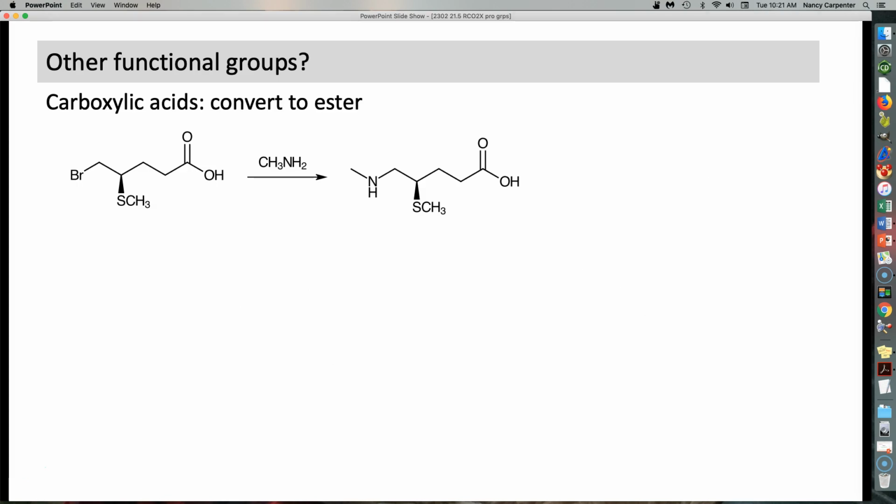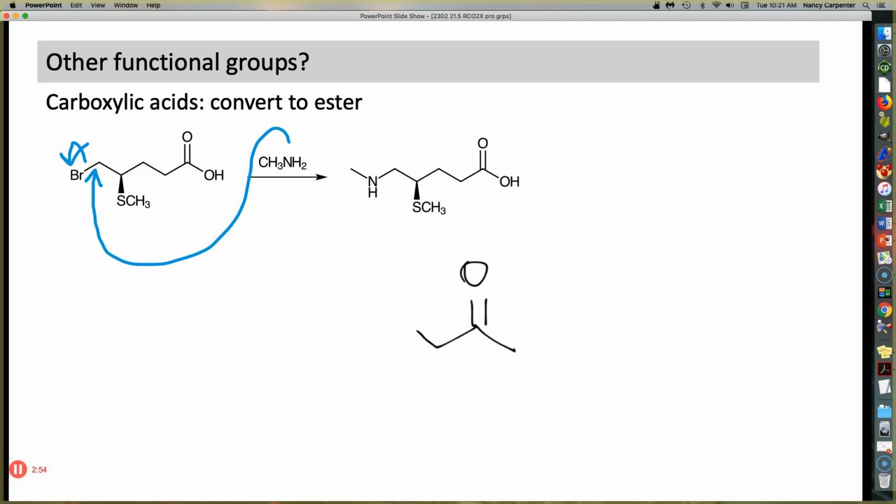So what about our new functional groups, carboxylic acids and their derivatives? Well, let's say we want to do this reaction. Maybe I would like to try and do an SN2 here, or maybe I want to make an amide here.